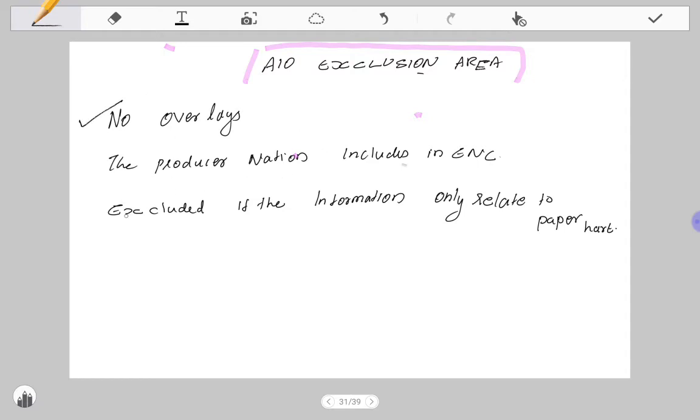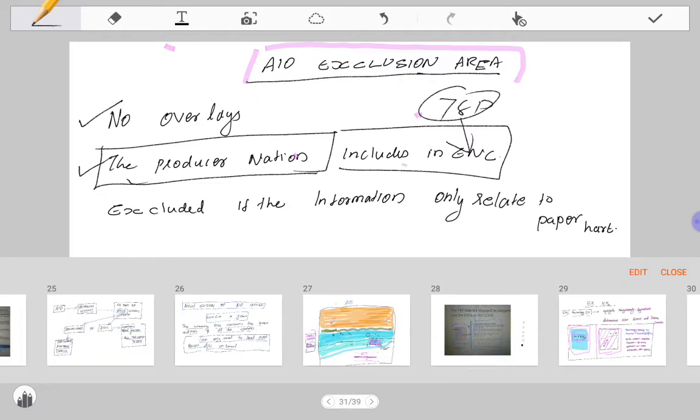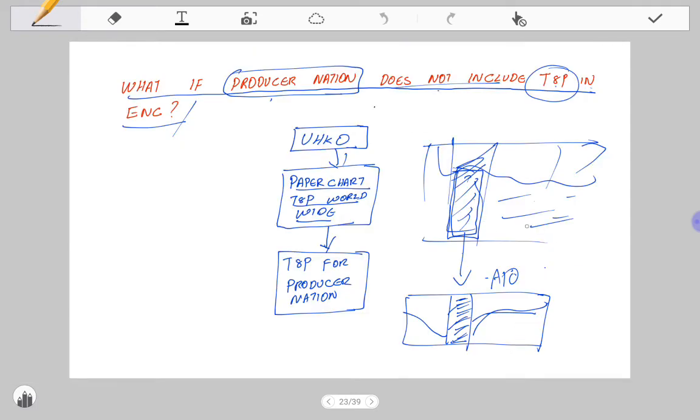AIO is not given in places where the producer nation, the country which produces the ENC for a particular area, already includes the TNP in their ENC. If they already include the TNP in the ENC, there will be no AIO shown in that area. That is what I explained here.